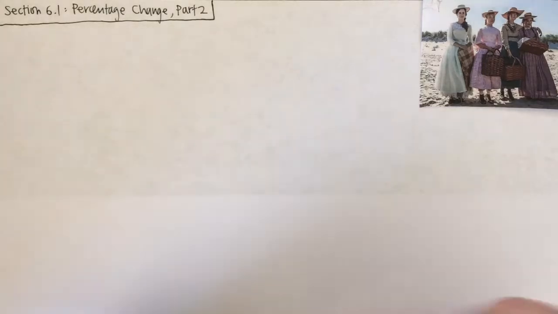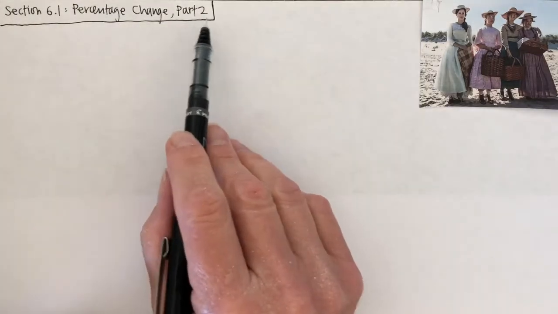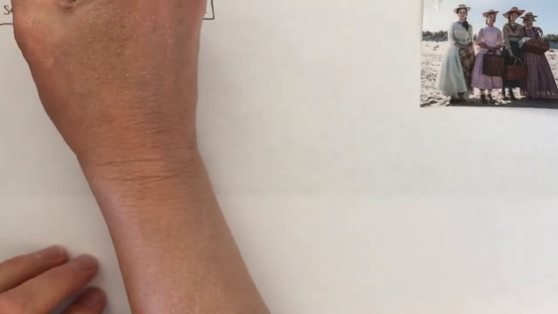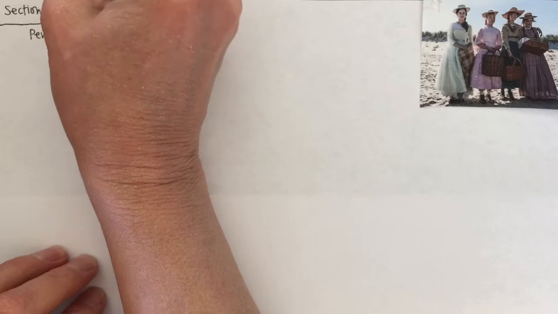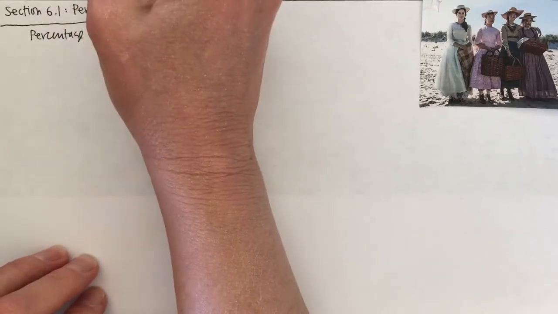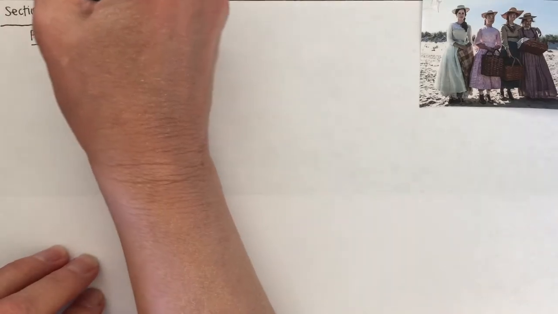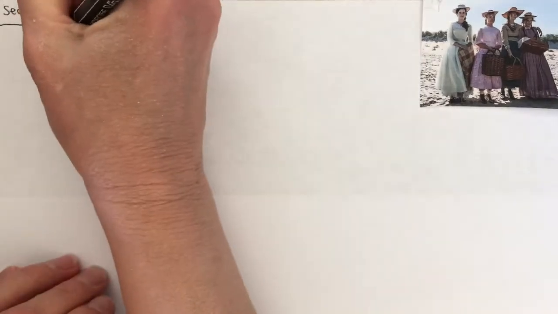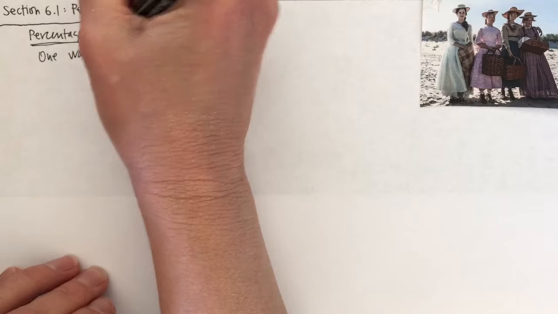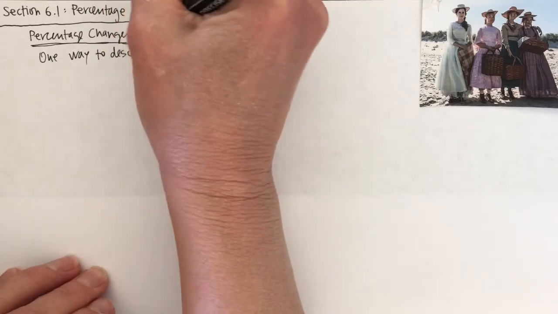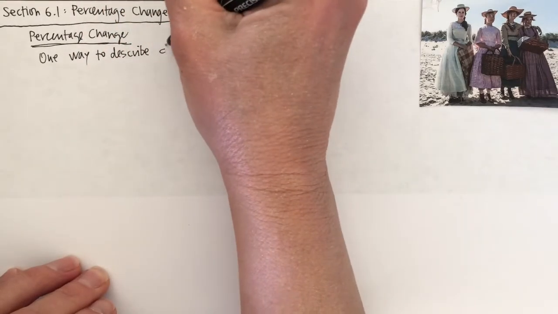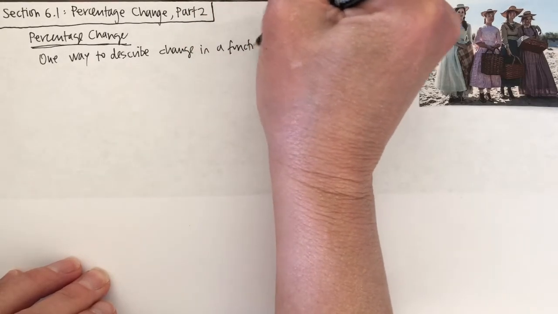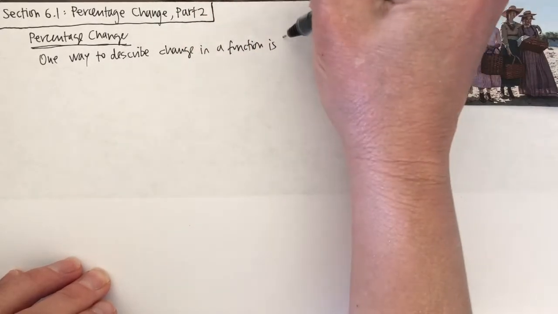All right, percentage change part 2. We still have the March girls at the beach. And we need to talk about some vocabulary to make sure that some confusion doesn't creep in here. One way to describe change in a function is percentage change.